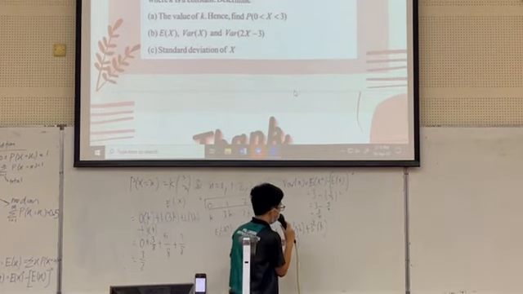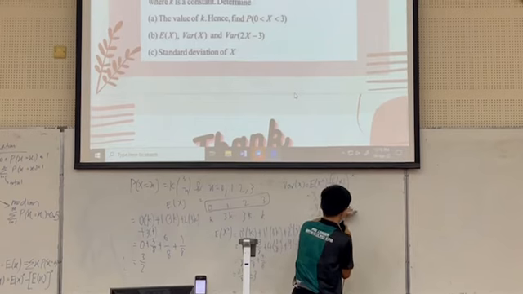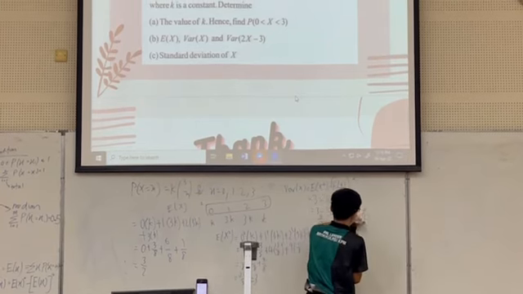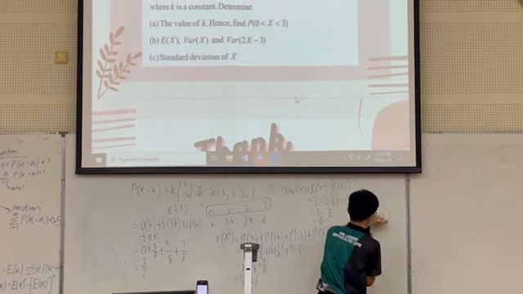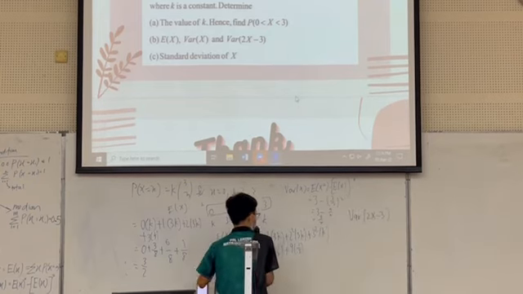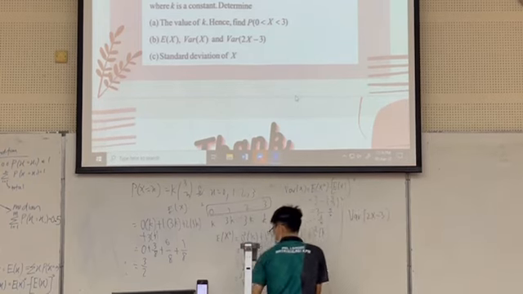Okay, now we want to find the variance of 2x minus 3. It's a little bit messy here, but never mind, we can still look at it.